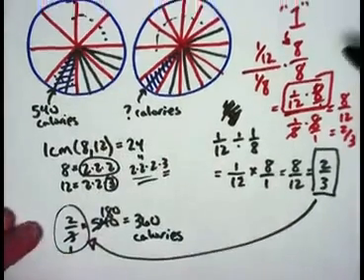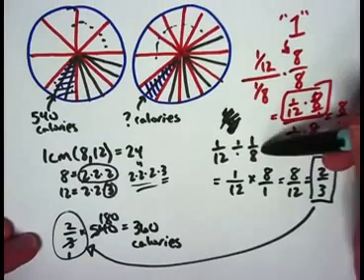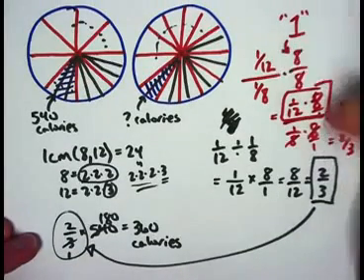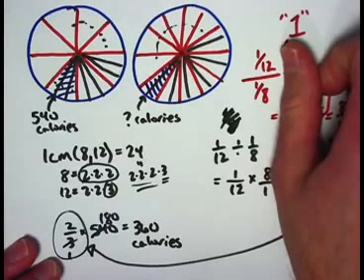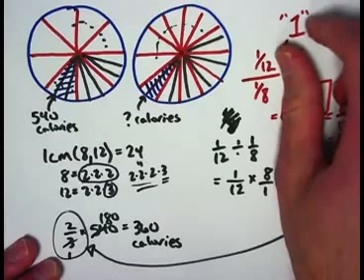Then I also tried to give another justification for it. Doing 1/12 divided by 1/8 is really the same as, you can think of it as a fraction, 1/12 over 1/8. And since 1 is the multiplicative identity, if I multiply any number, including a big fraction like this, by 1, I should get the same quantity.